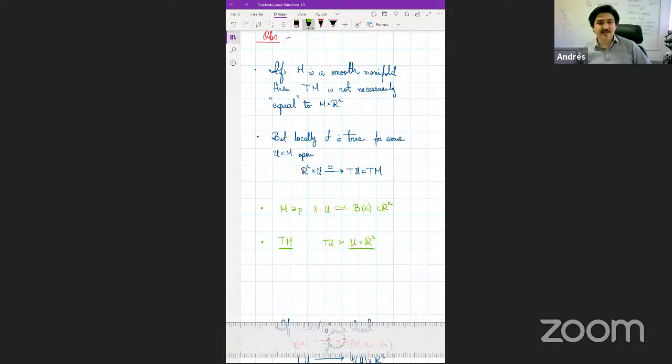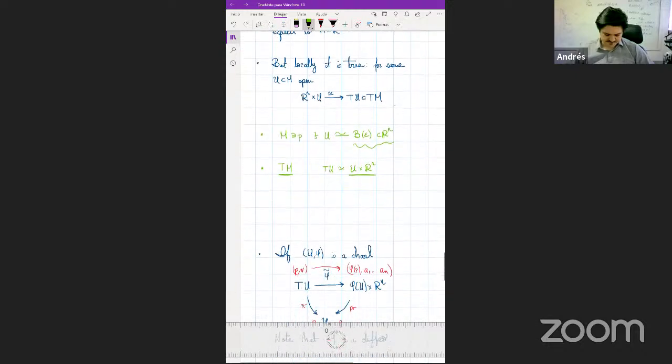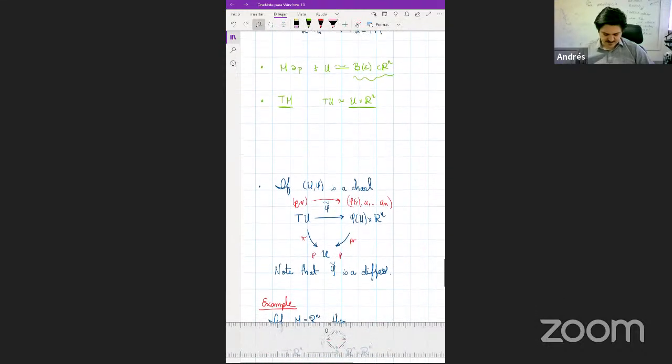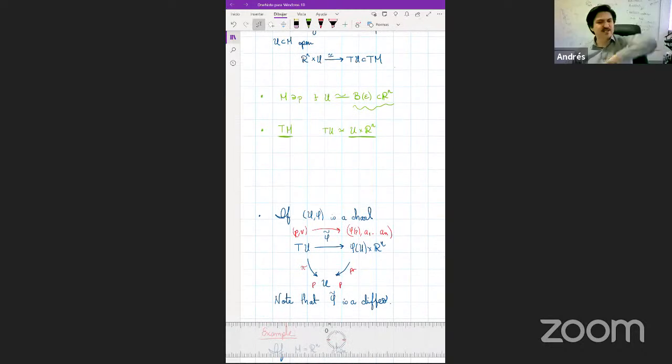Some open set in Euclidean space times Rn. So that's more or less the way that we are constructing Tm, in analogy with the concept of a manifold here. Okay, so I'm going to give you examples. Most of the examples that we can do right now will give us a very trivial tangent bundle, nothing interesting, but nonetheless, they are important.